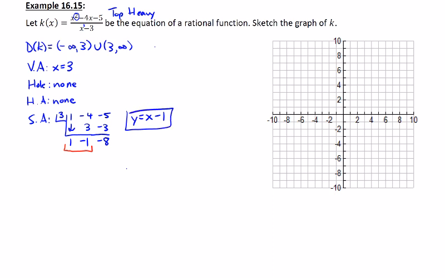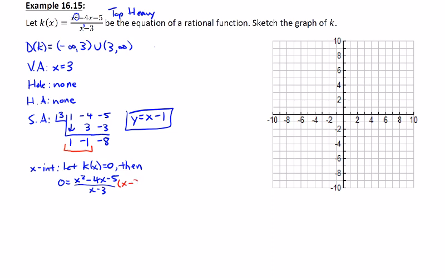That's your slant asymptote. The x-intercept, that calculation is done by letting k of x be equal to 0. So then you're going to say 0 equals x squared minus 4x minus 5, all divided by x minus 3.